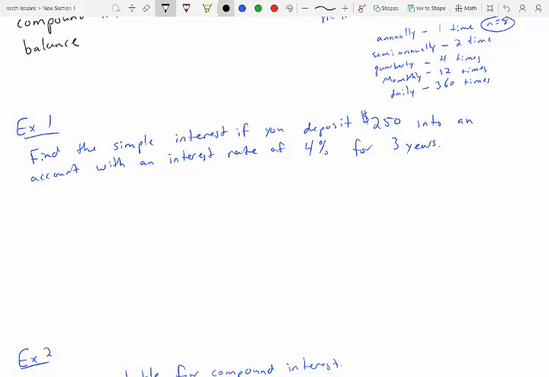Find the simple interest if you deposit $250 into an account with an interest rate of 4% per year. So the important parts of this we know: $250, 4%, and 3 years. And again, simple interest is my I equals PRT. So let's fill in what we know. I'm looking for I equals my principal, which is $250, times 4%.